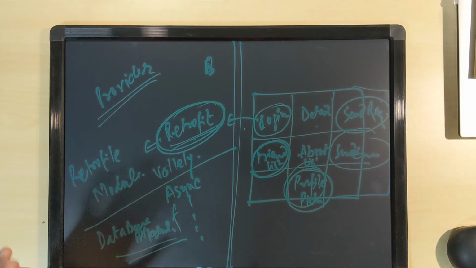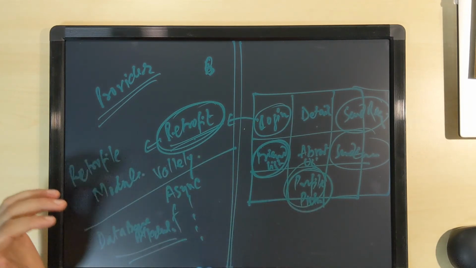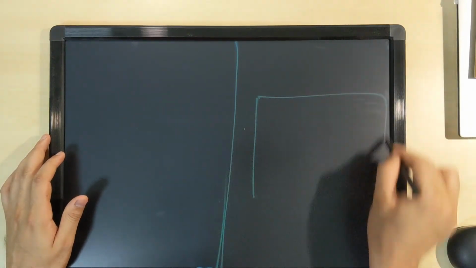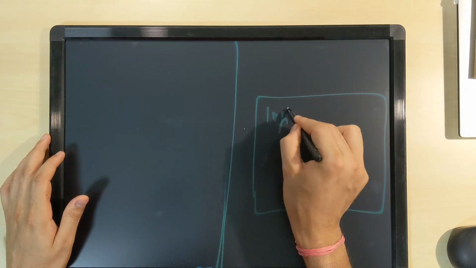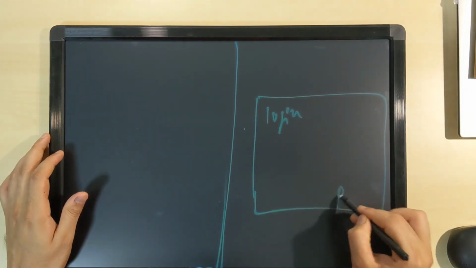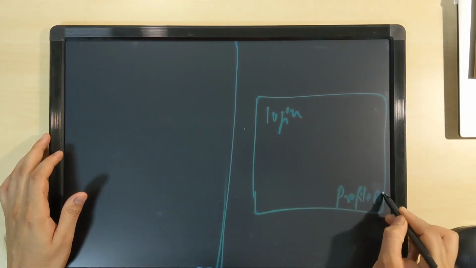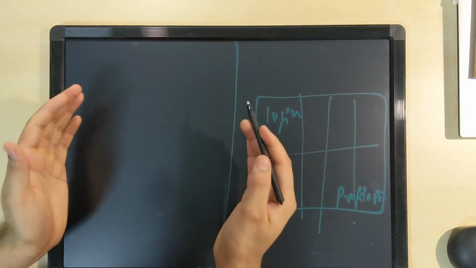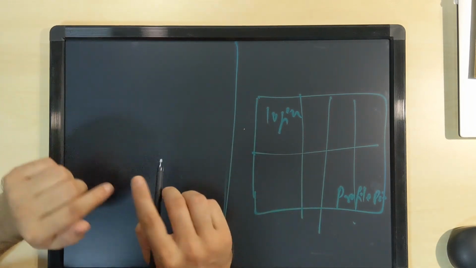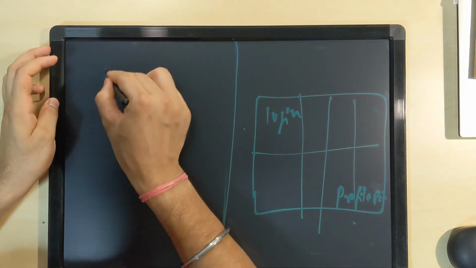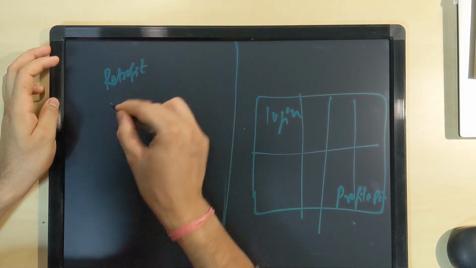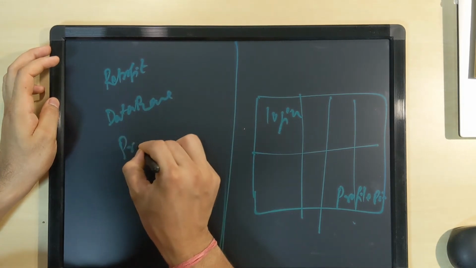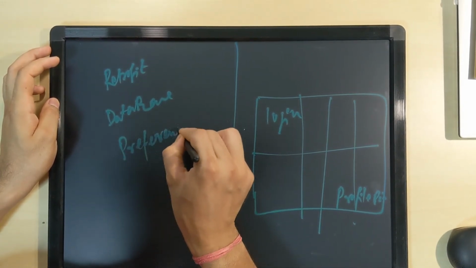So here we will discuss how it will work. Just take a look, like login and profile picture, and other screens also have many things. Okay, so what you already did is create a Retrofit object here, a database, preferences.